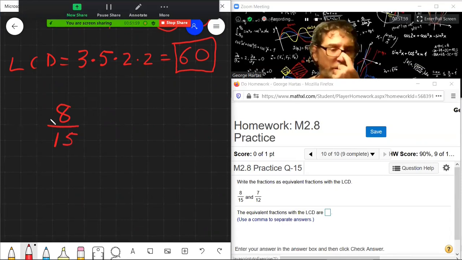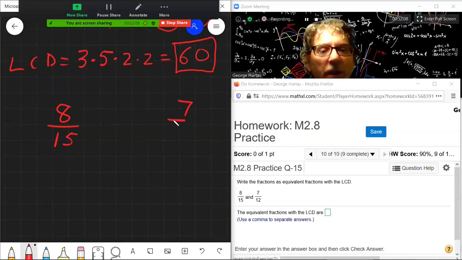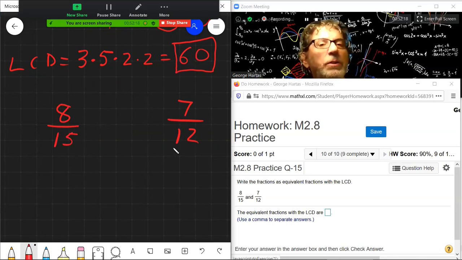Here's what that means. Now, remember, this is the lowest common denominator between 15 and 12, right? The 60 is the lowest number that 15 divides into and 12 divides into. So 60, right? 60 is the lowest common denominator.